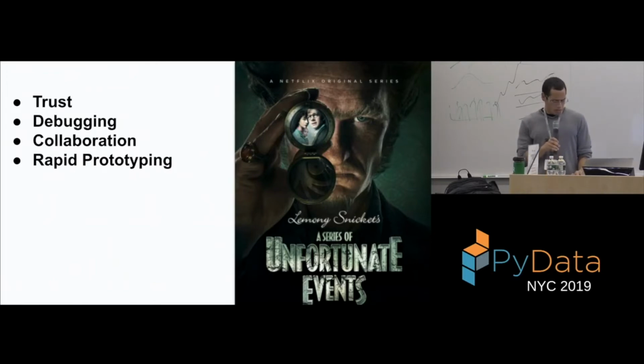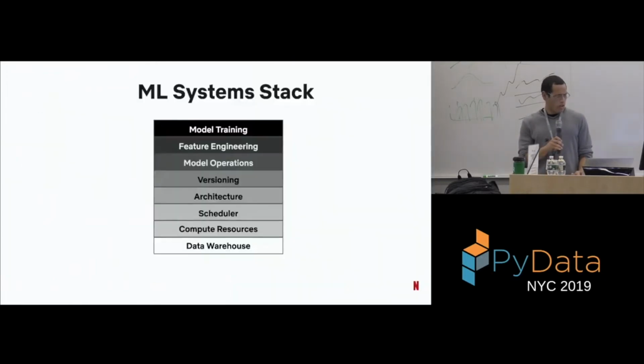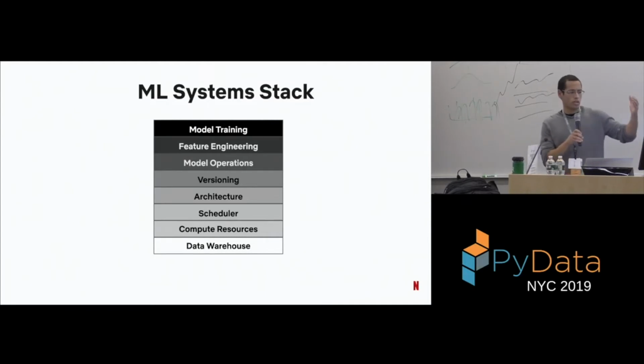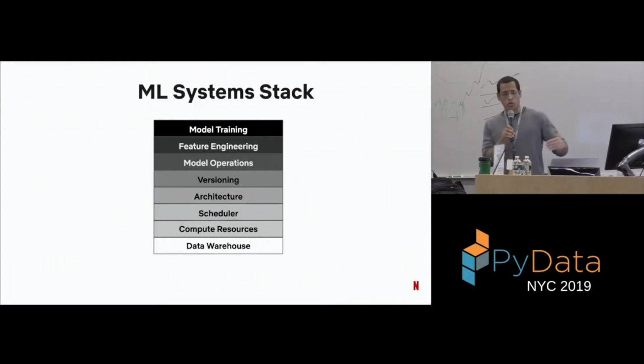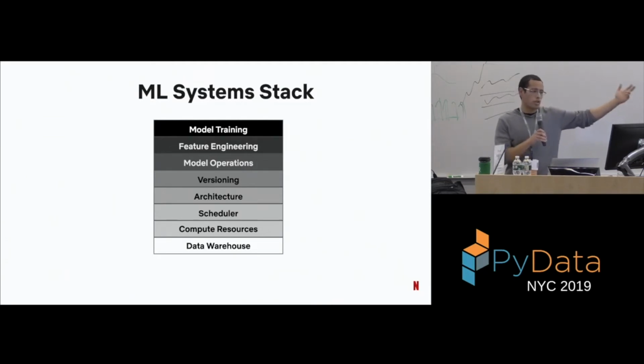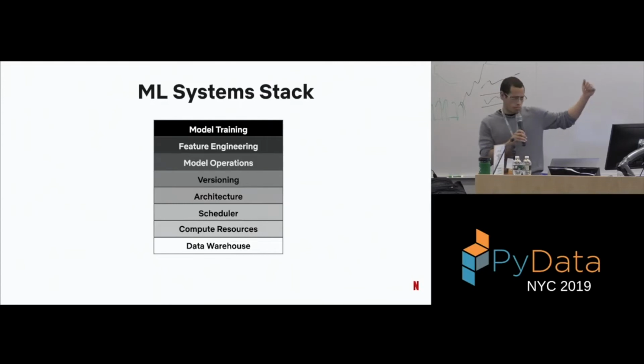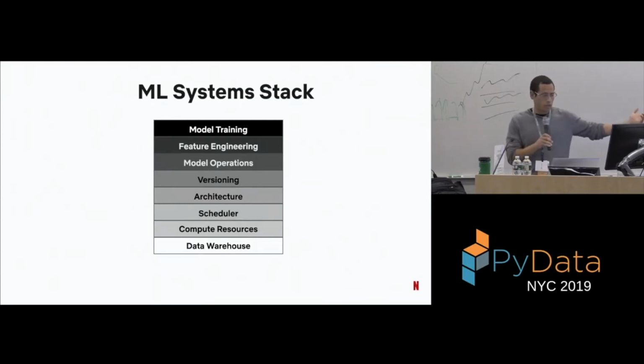So if we go back to earlier and take the infographic from the beginning of the slideshow and the different components that we talked about, and we create an ML system stack, towards the top you'll see model training, feature engineering, etc. And as you go deeper, you see stuff like job scheduling, compute resource management, data warehouse management.